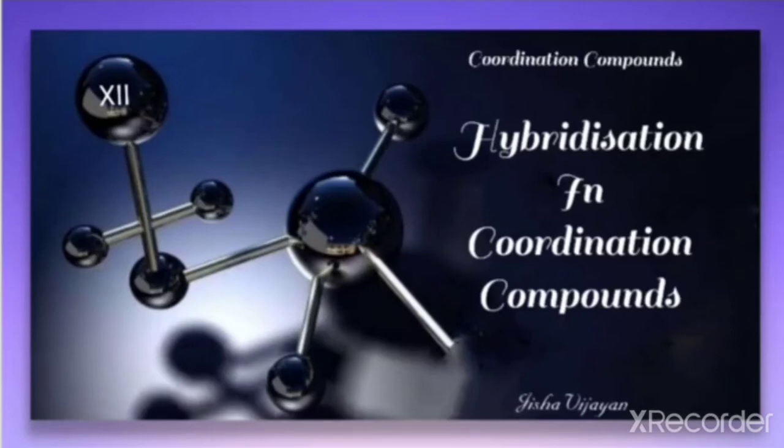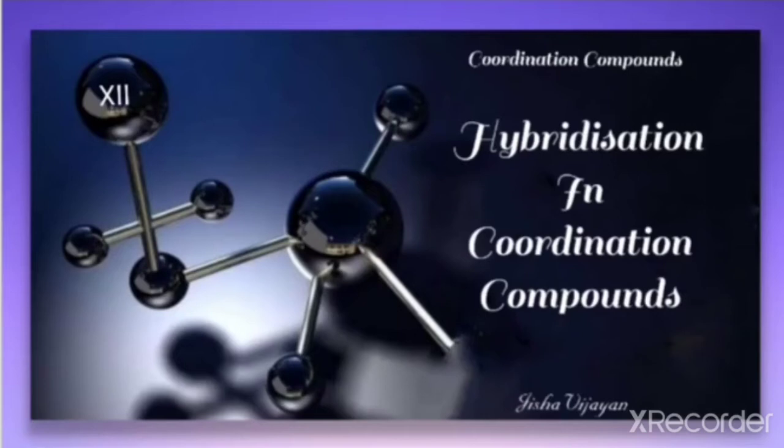Hello students, let us discuss valence bond theory in coordination compounds. According to this theory, the metal atom or ion, under the influence of ligands, uses (n-1)d, ns, np or nd orbitals of the central metal ion, which undergo hybridization.